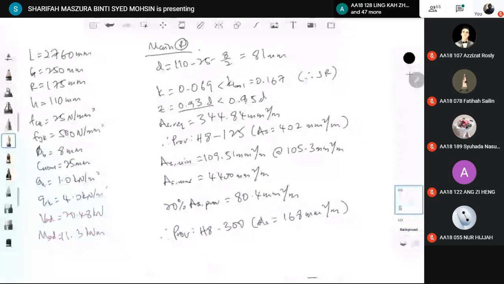For secondary bar we can provide H8 300, As provided 168 millimeter square per meter. So done for reinforcement. Now we're going to check for the shear.